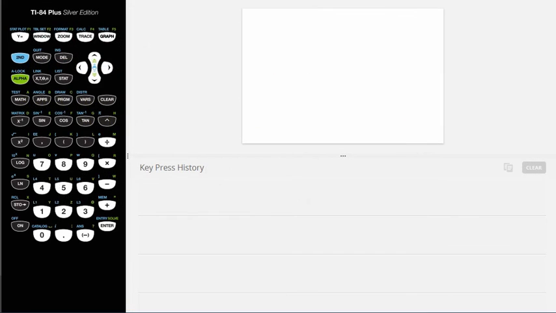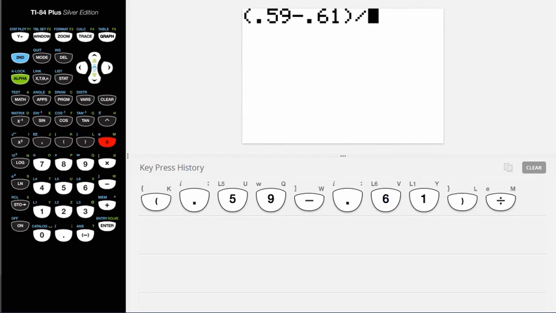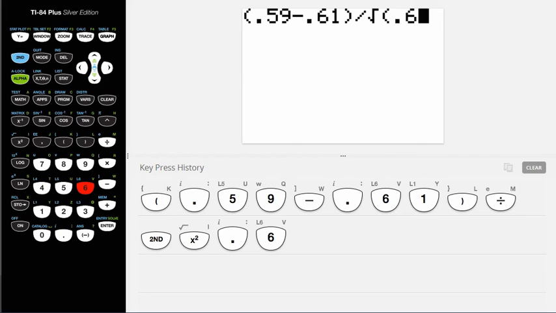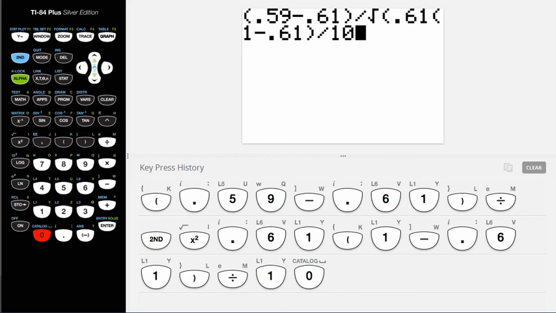Calculating. I want parentheses around my numerator. Parenthesis 0.59 minus 0.61, close parenthesis, divided by square root 0.61, parenthesis 1 minus 0.61, divided by 1,009.